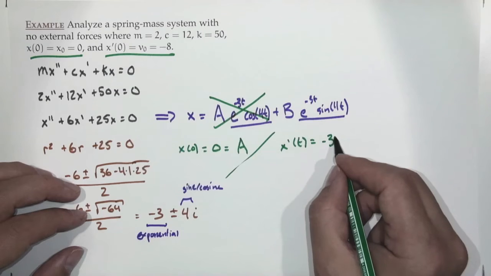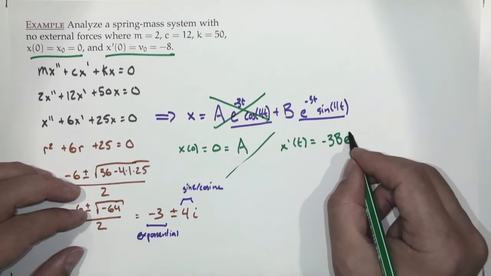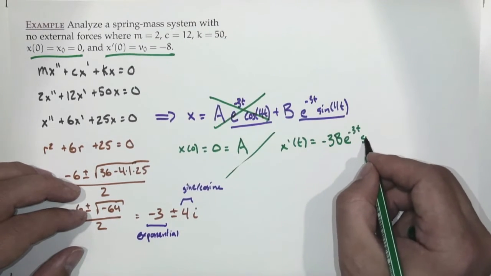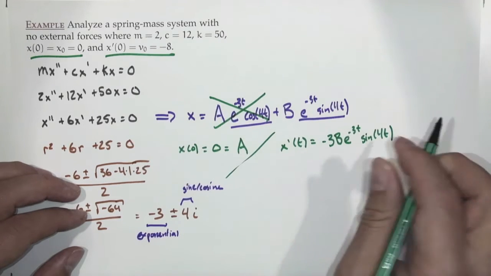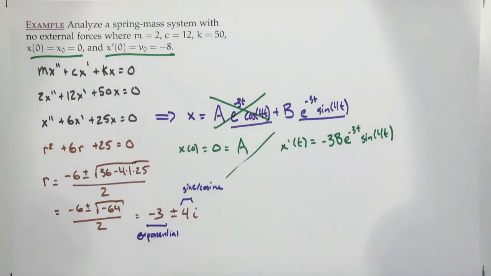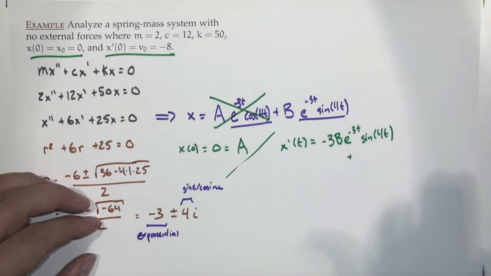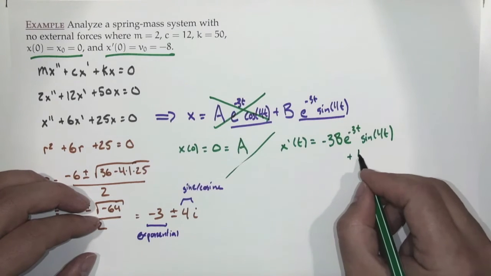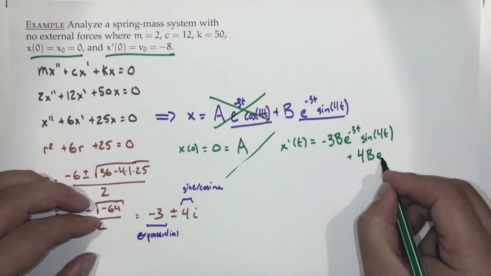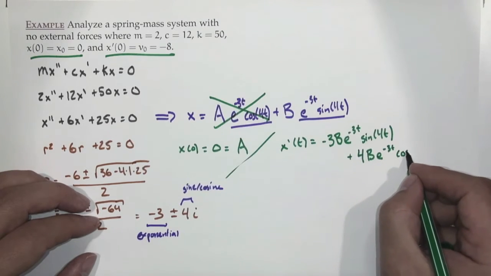So this is minus 3b e to the minus 3t sine of 4t. The derivative of sine of 4t: 4 cosine 4t or negative 4 cosine 4t? Are you sure? Yeah, you're right, it's positive. Just checking, keeping you honest. Plus 4b e to the minus 3t cosine 4t.